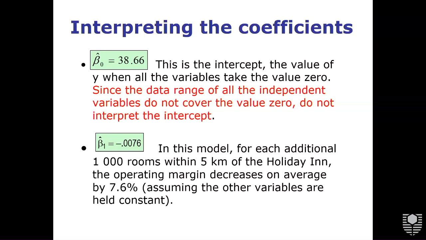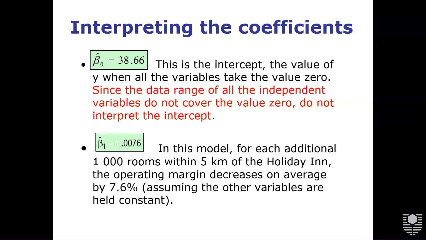So if we check the Excel output, you can see that beta 0 tells us nothing, right? Do not interpret the intercept, okay? But put it as a value. You said this is the intercept, the value of y when the variable takes value of 0 because x equals 0 in this case. Since it's outside the range of the independent variable, no need to interpret it. But see the slope, all right? The first independent variable is rooms, right? Number of rooms.